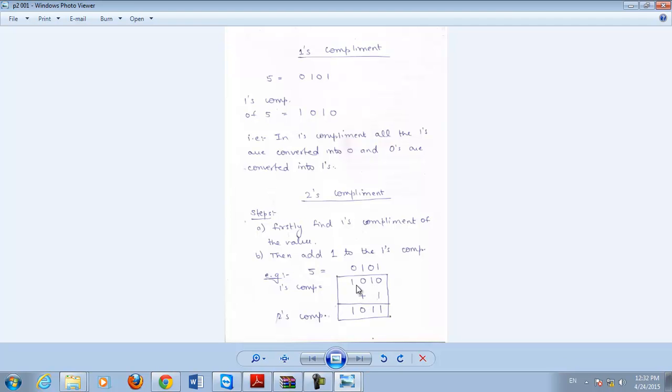Means all the 0s are converted into 1 and 1s are converted into 0. Then we add 1 to this binary number, that is 1010 plus 1, which gives 1011. Means if you add 1 to the 1's complement, then you obtain the 2's complement. And 2's complement can be used to find out the negative number, or the number with negation sign.